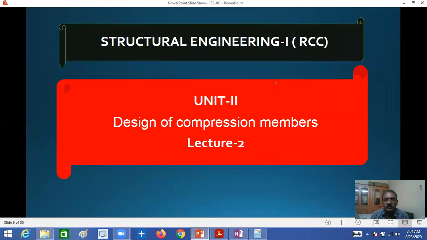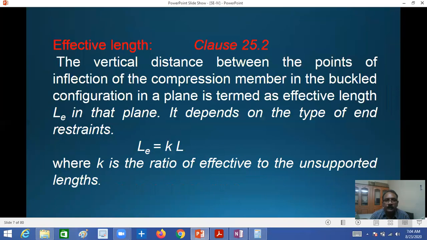In this video, I am going to explain codal provisions for design of compression members. Now, effective length. In the previous video, we studied the requirements as per 25.3. Now, what is effective length?